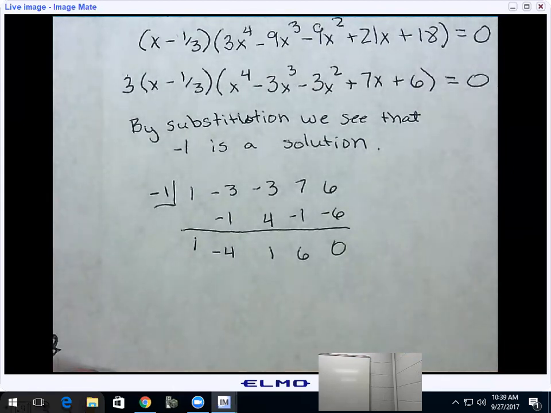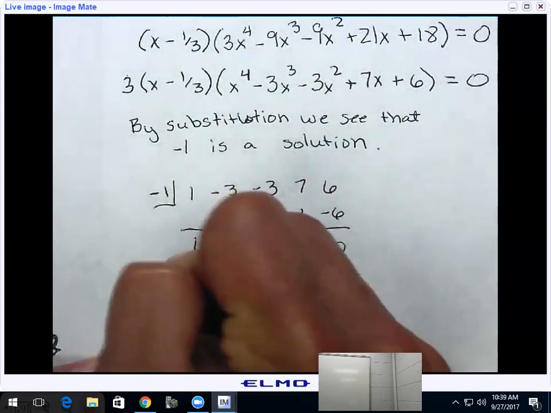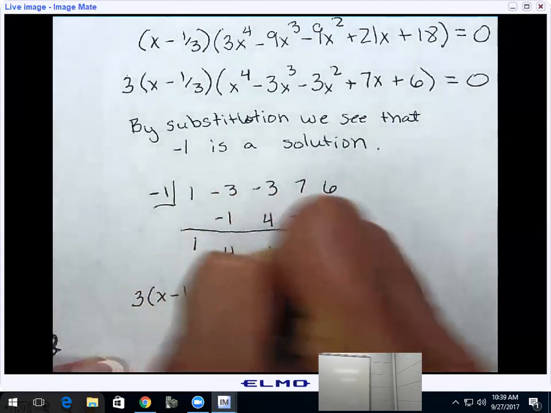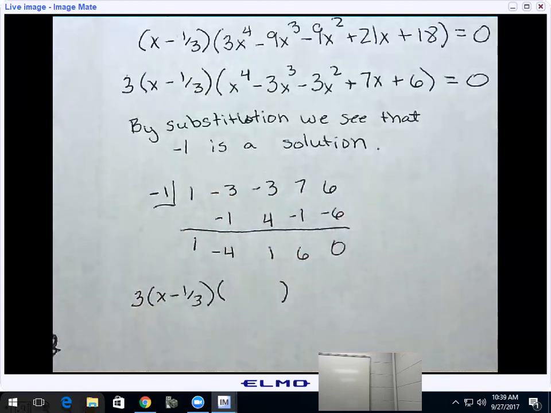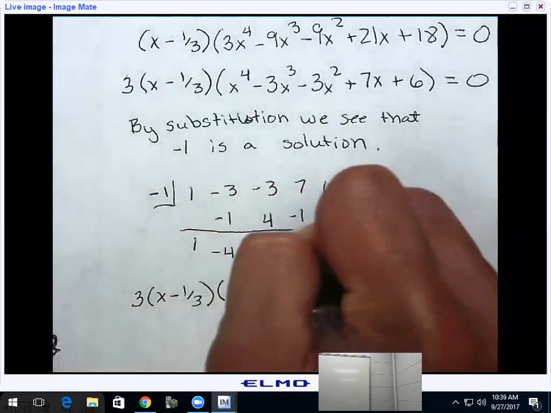We got 0 remainder, so that means that Dylan and Andrew were right. -1 is a solution, which means, what's another factor of that expression? -1's a solution, then x plus 1 is a factor.